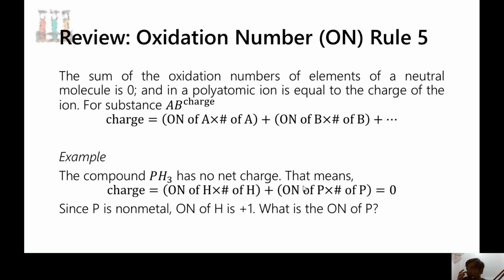Okay, so however, this is the question. What is the oxidation number of phosphorus and hydrogen? According to rule number 4, hydrogens, if they are paired with non-metals, its oxidation number is positive 1. So, ibig sabihin, positive 1 yung hydrogen dito. Now, we will look for phosphorus.